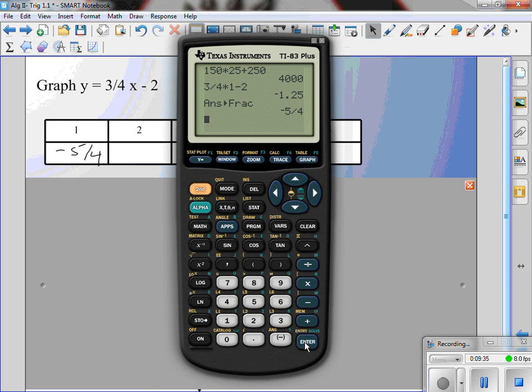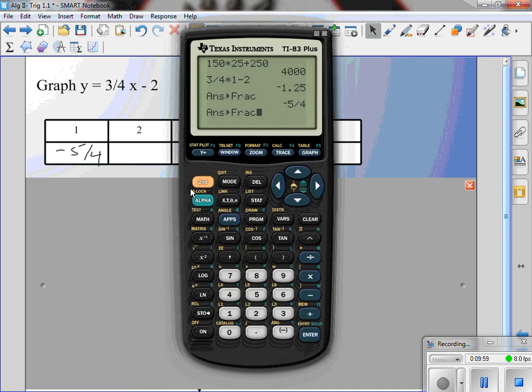Now, instead of retyping everything over and over and over again, do you know the trick to save your time of typing everything? How do I go back to do number 2? Instead of having to go 3/4 times 2 minus 2. How do I go back up to here? Second, enter.